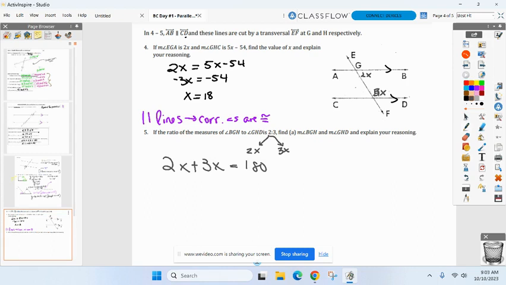Go ahead, solve for x. And then there is a second part to this, which is now find the measure of those angles after you find x. So we got to take 36, plug it back into 2x and 3x.